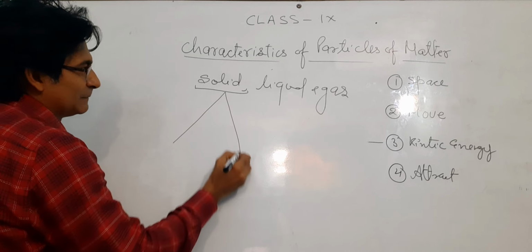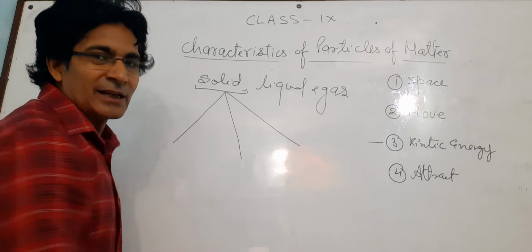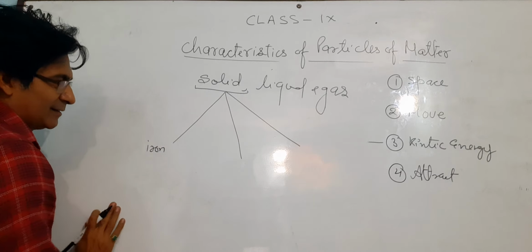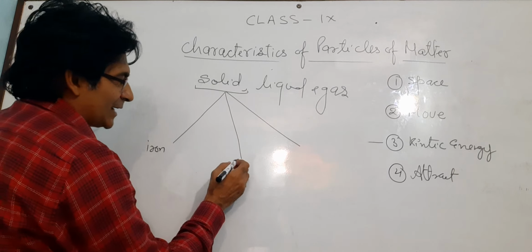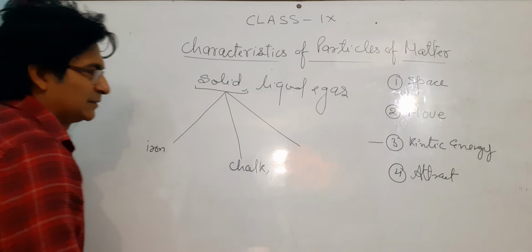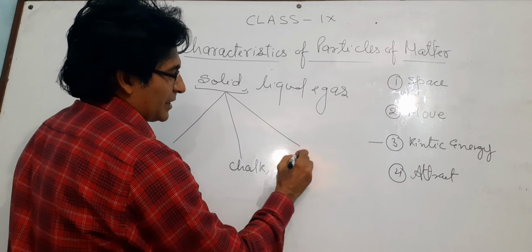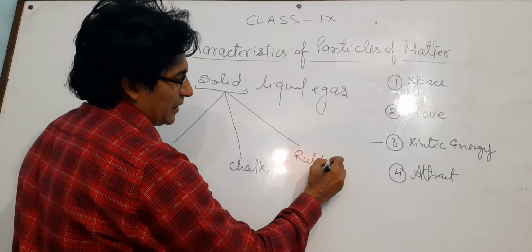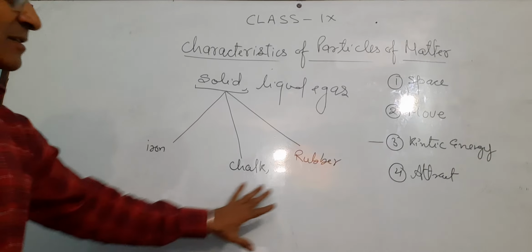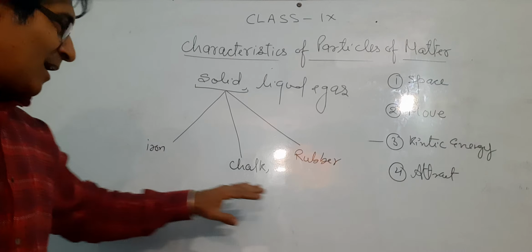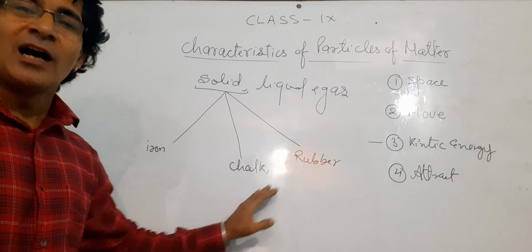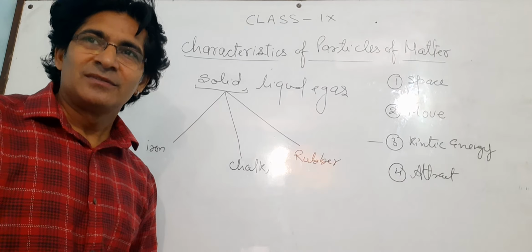Suppose I take three solid things: one is iron, another is chalk, and the third one is rubber. You all know that in these three substances, iron is the hardest, while chalk and rubber are delicate.